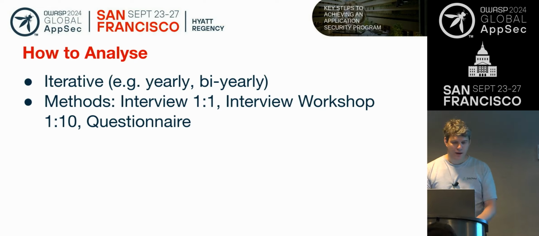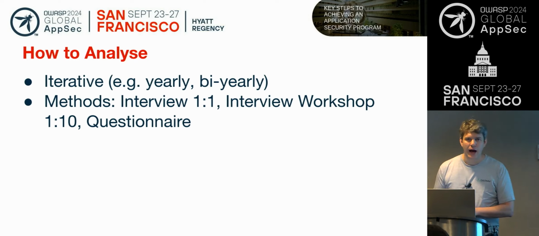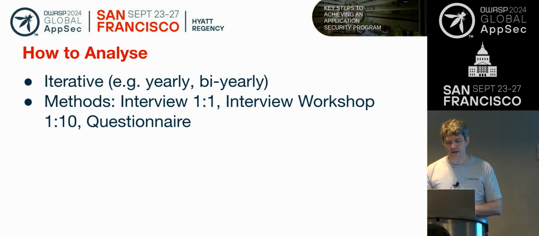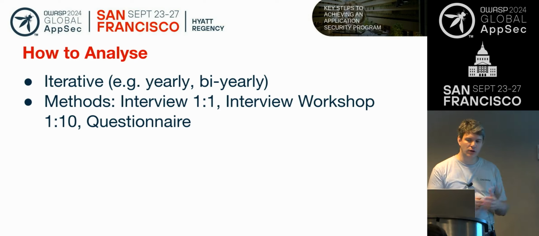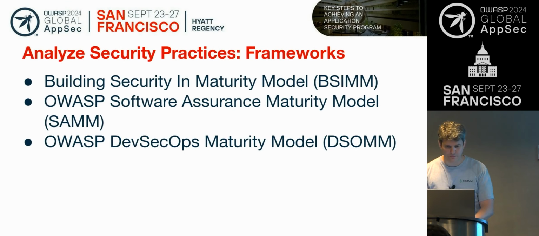Yeah. And how often do you want to do that? Maybe yearly, maybe bi-yearly. I will show later that this is for me just the initial or very deep going analysis. I will recommend later some other ways also. What are ways?